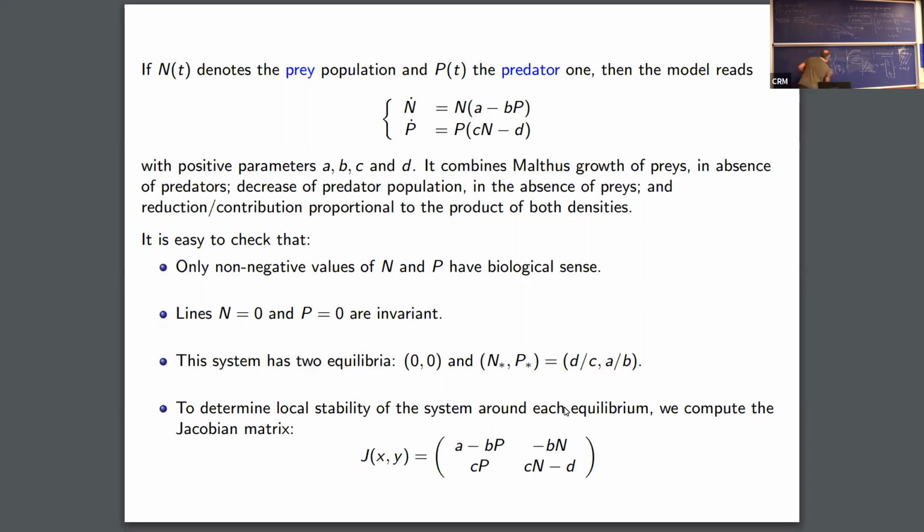So just let me put it here in the plane. So I have N, I have P, and they have a point here with coordinates I always forget, which is D over C, A over B. This is an equilibrium point. And then what you do, you compute the differential in this point, you compute the eigenvalues, and you realize that the eigenvalues are complex, conjugate complex.